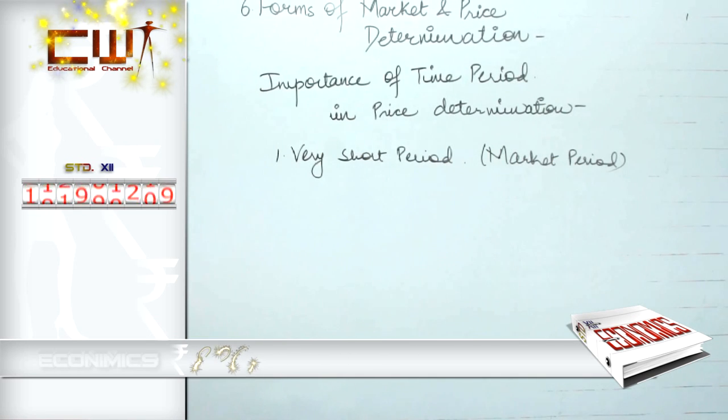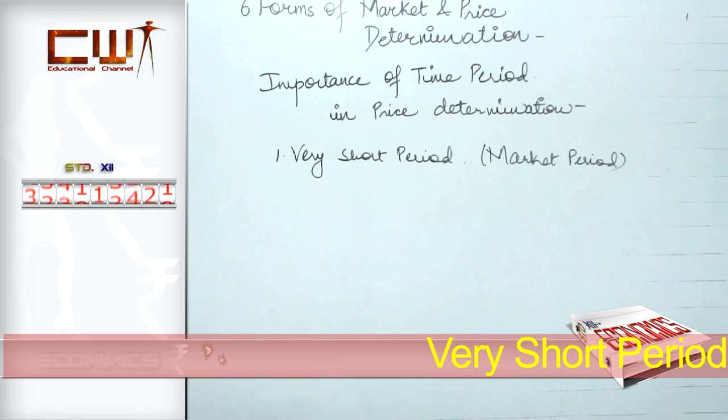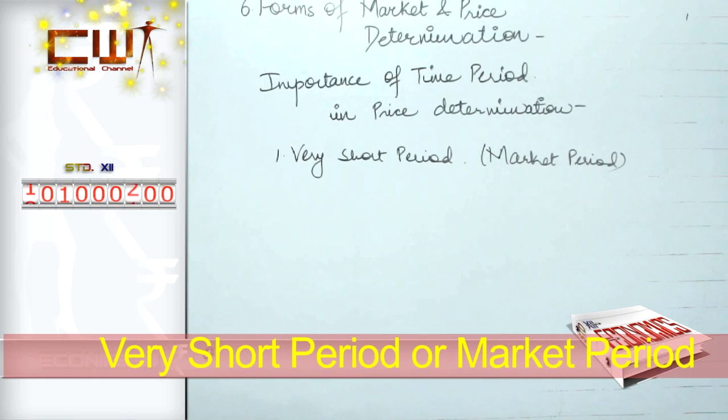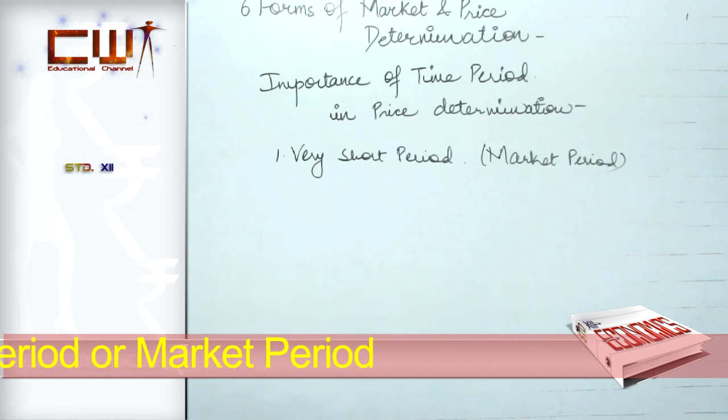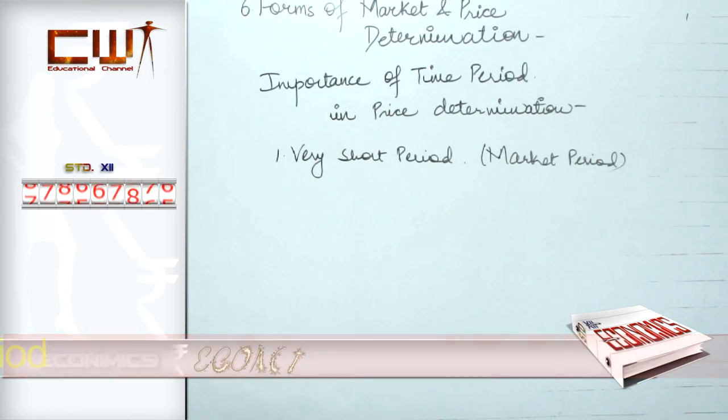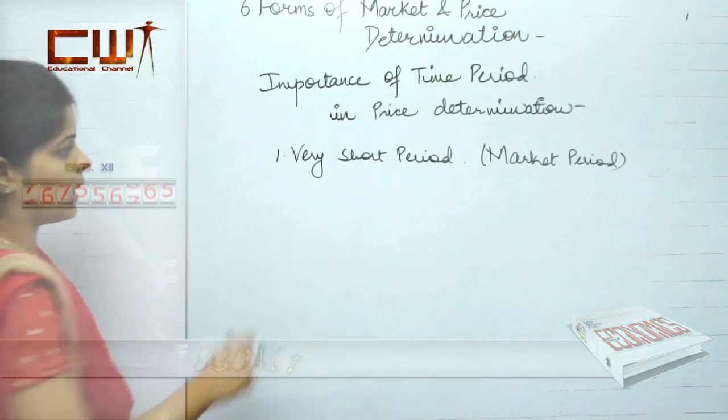Very short period, also known as the market period, is a market situation in which increase in demand of the commodity lasts only for a short time, so there is not much time to increase the supply to meet the demand. It may exist for a few days or a few hours.